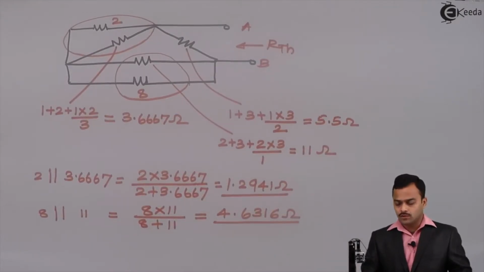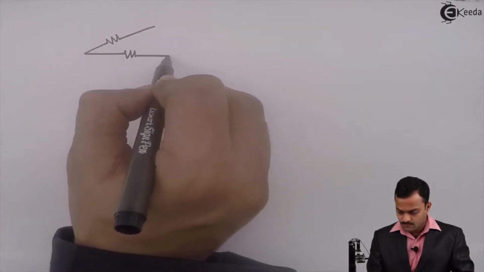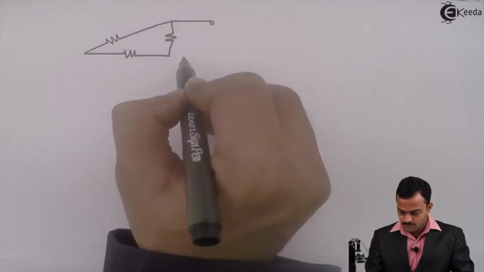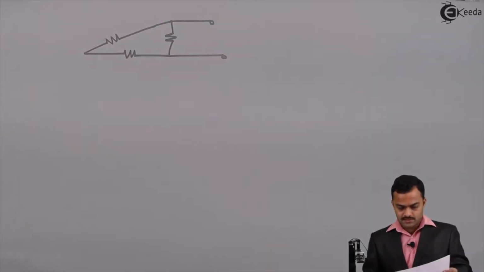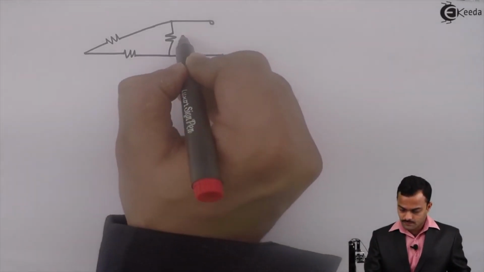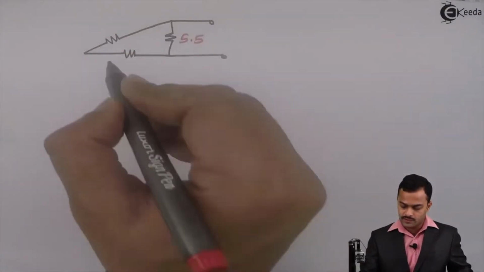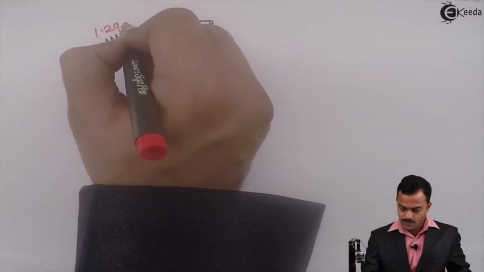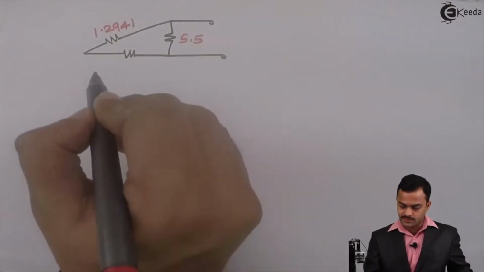Now, how will the circuit look after doing these modifications? It will be like this. The resistance which is not touched is this, which is 5.5. The parallel combination of 2 and 3.6667 is 1.2941, and the parallel combination of 8 and 11 is 4.6316.